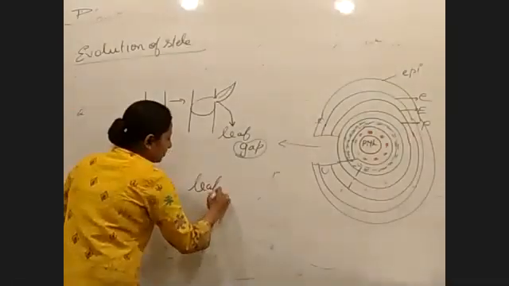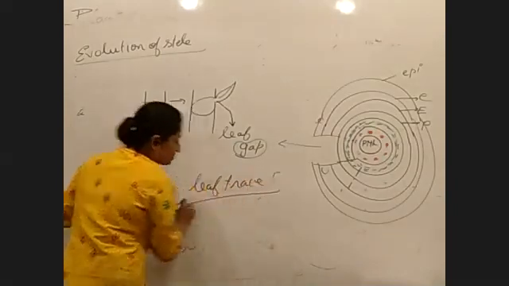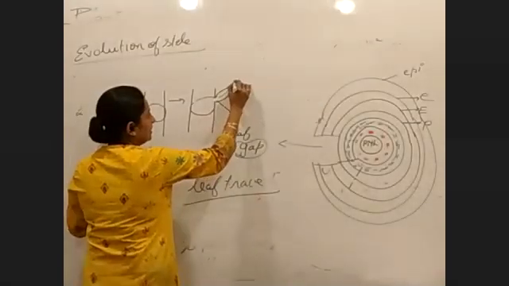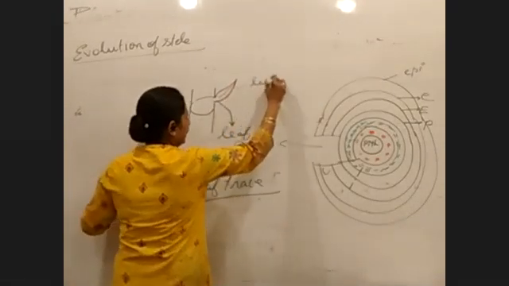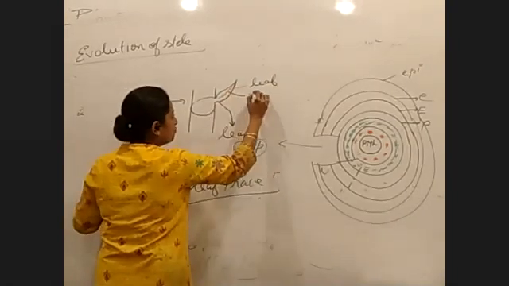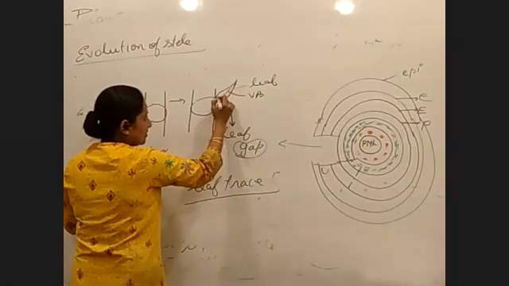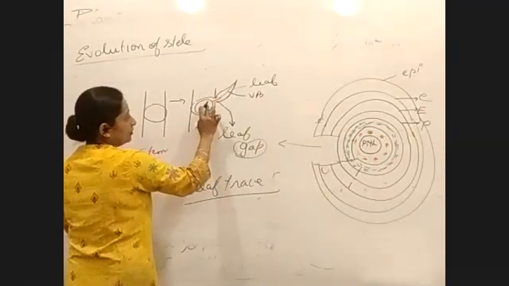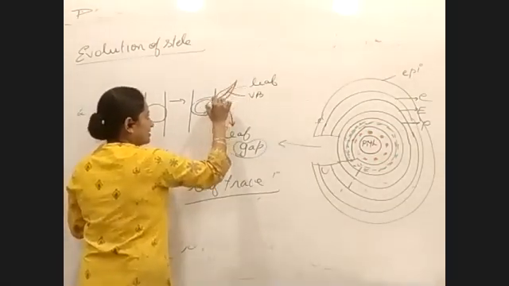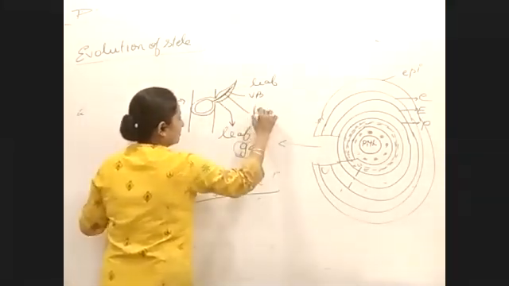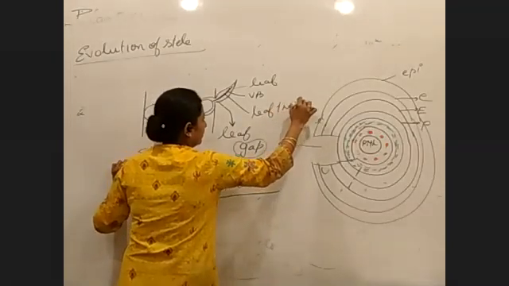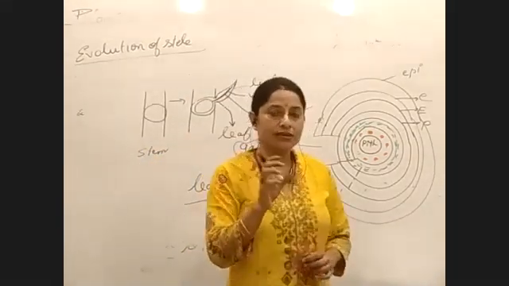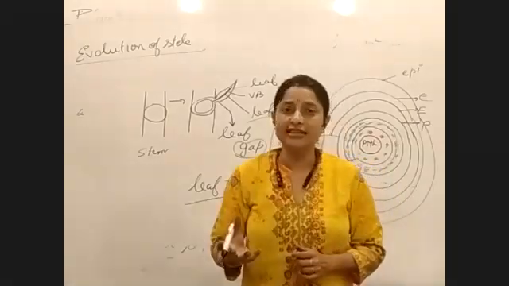Now when we are talking about leaf gap, we have to talk about leaf trace also. Now what is a leaf trace? We have talked about the development of a leaf. The leaf will have its own vascular bundle. This vascular bundle will get connected with the vascular bundle of the stem, and this connection is called a leaf trace. A stem will have its own stele.